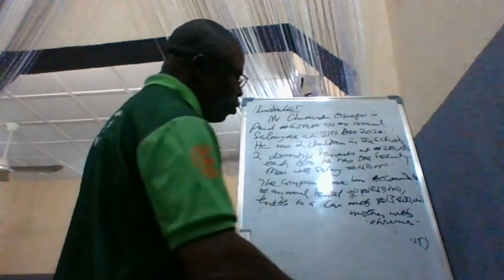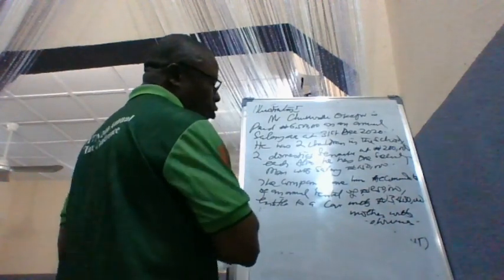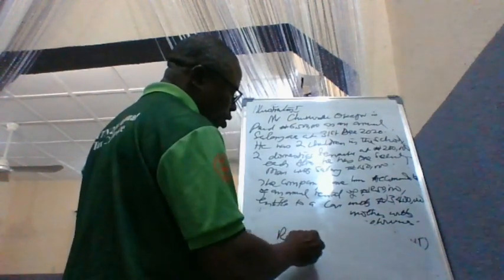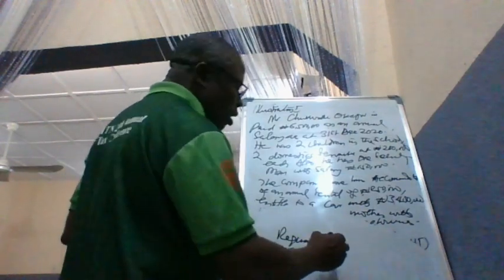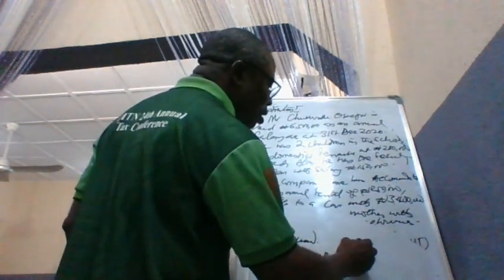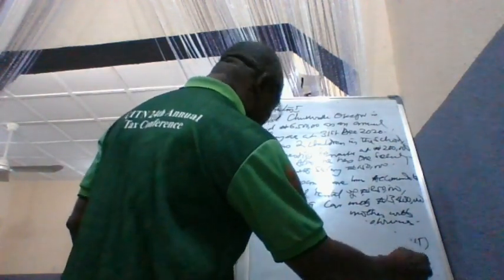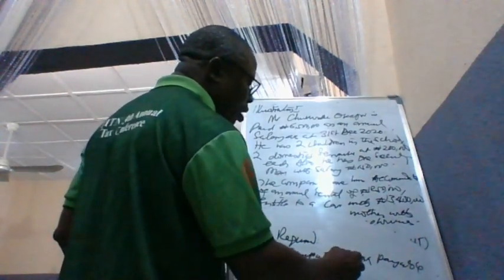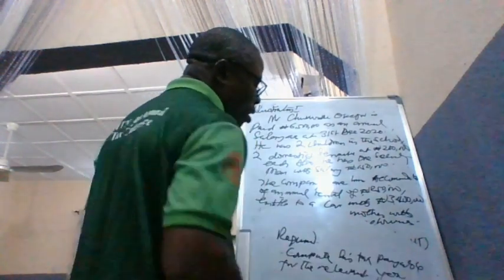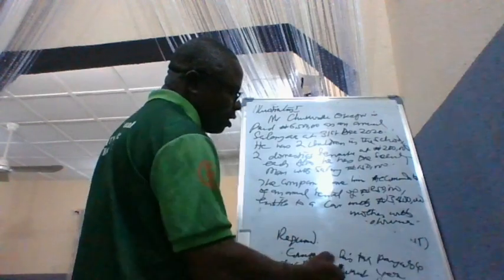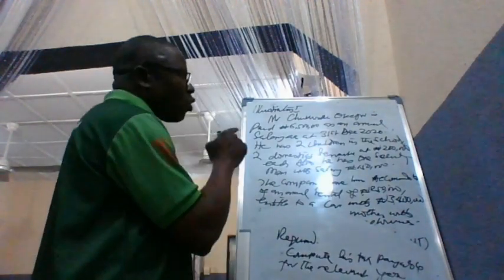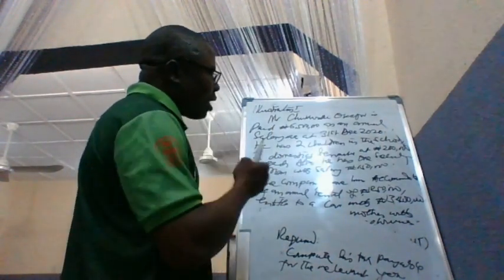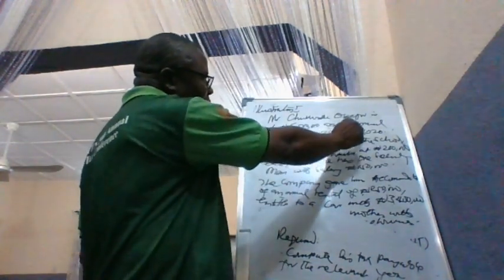You are not told which year, but if you go to the question, you know that when you are asked to prepare this tax, it is for the year 2020.